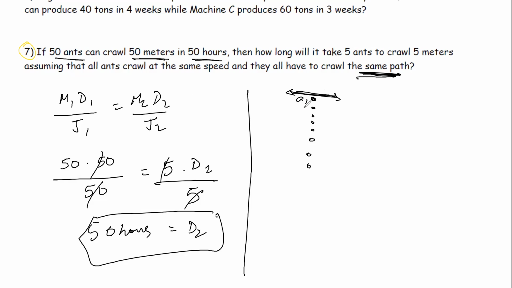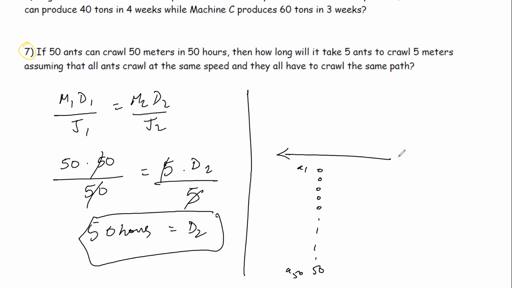Ant one will complete 50 meters. So let's say ants, 50 of them, A50, A1, starting point. And this is your 50 meters, right?